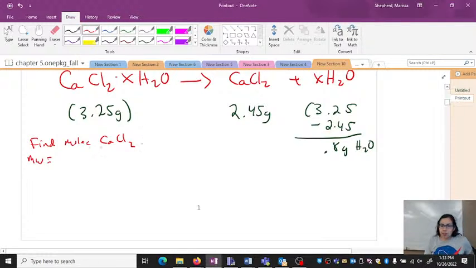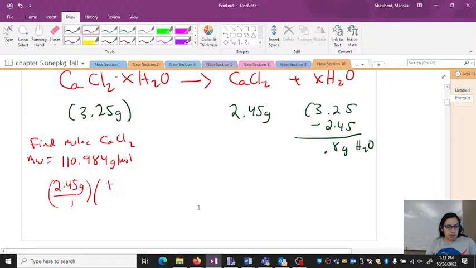So do we tally up our mass of calcium chloride? 110.984. Is that what other people got? Sweet. So that's our grams per mole, so we can find moles of calcium chloride. So 2.45 grams divided by our molecular weight.